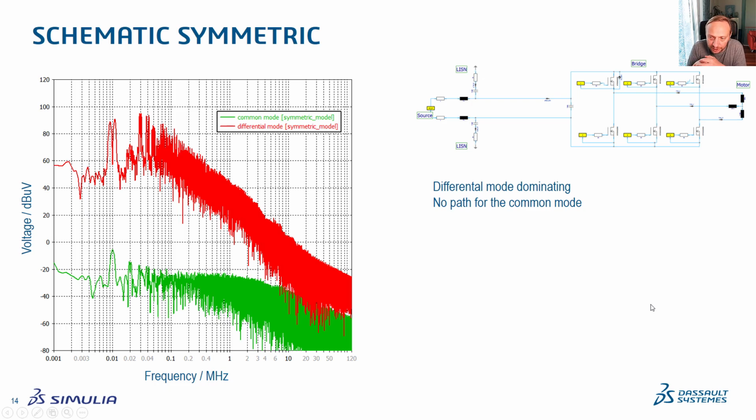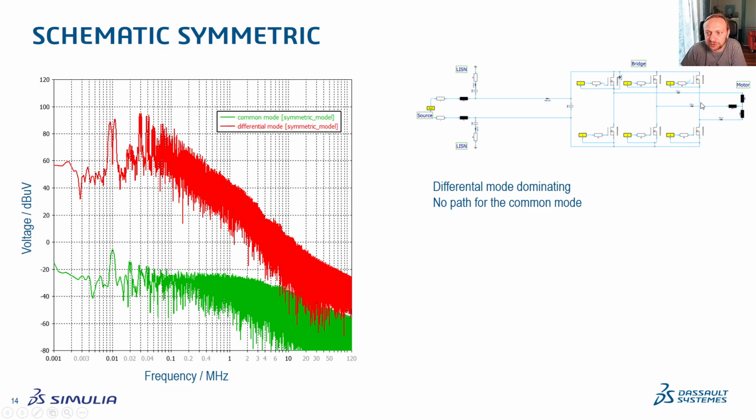So taking again this bridge schematic as I showed in the beginning, I'm running a switch simulation with the same PWM settings as shown in the beginning, and always evaluating the differential and the common mode on these two listen circuits. For this completely symmetric model without the capacitances to ground, we see it's clearly the differential mode that is dominating.